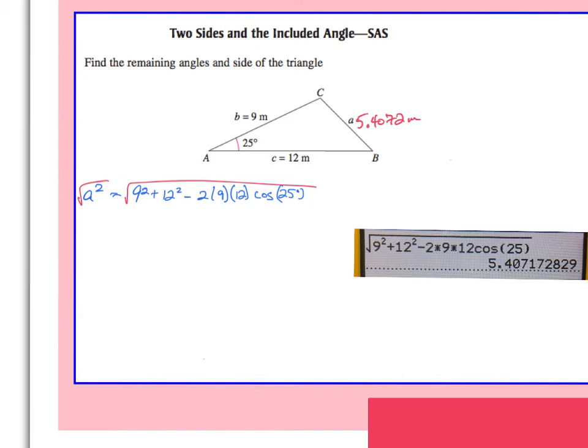So now we have sine of B over 9, which is equal to sine of 25 over 5.4072. So then I multiply by 9, and then I arc sine it.